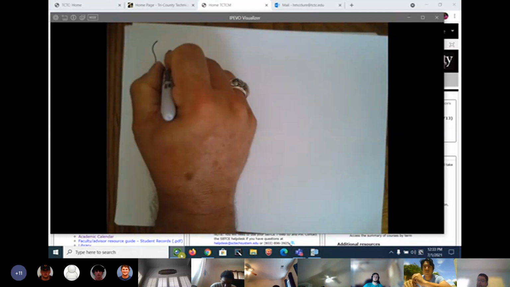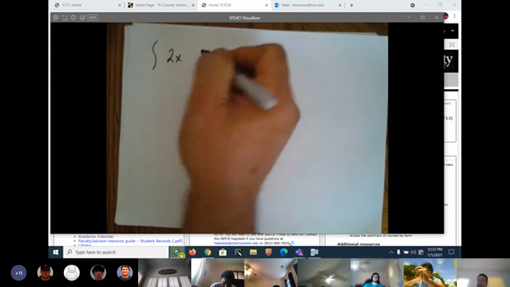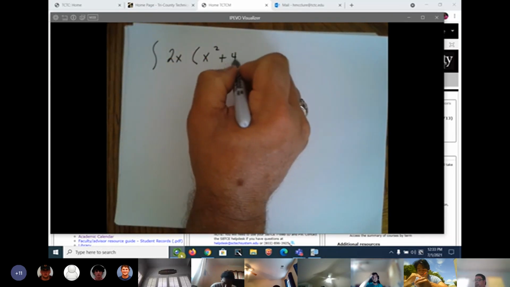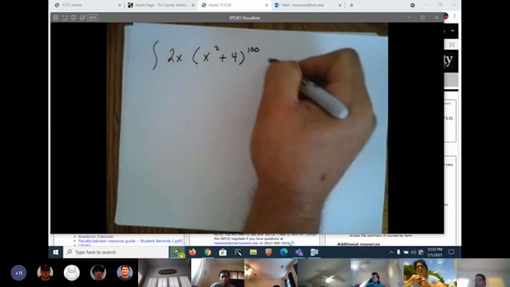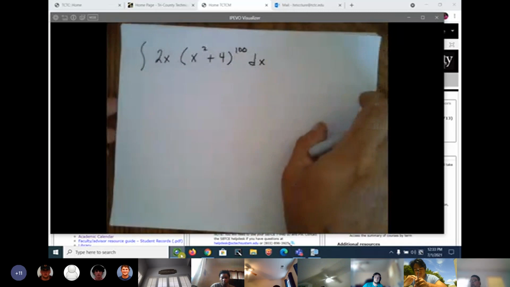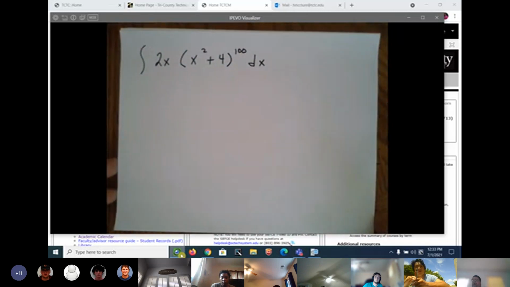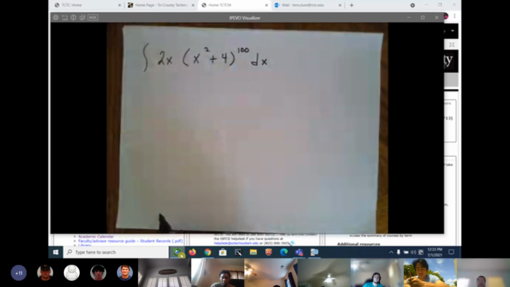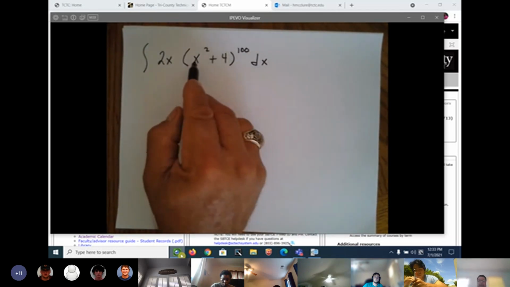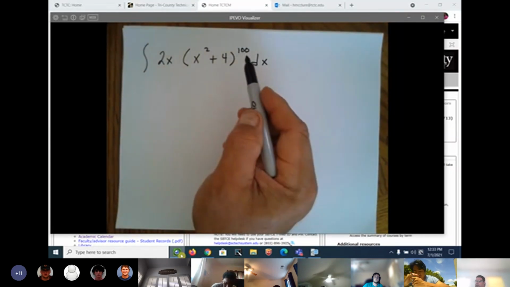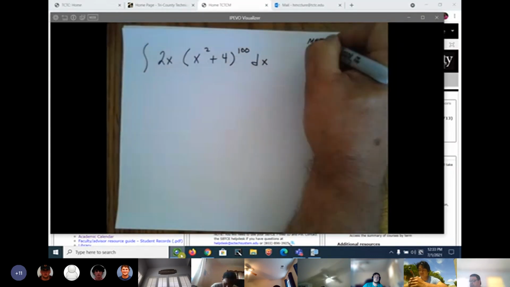Antiderivative of 2x times x squared plus 4 to the 100th power. Okay, first of all, you notice that you are multiplying something times something else. You also notice that you've got something in parentheses raised to the 100th power. So this is more complicated.